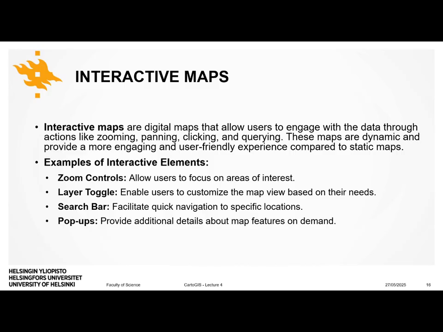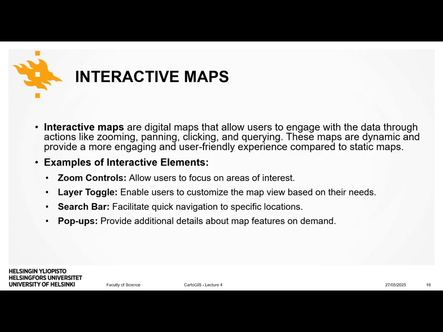So we have talked about map elements in the first week. We have a bunch of map elements that are universal regardless of what kind of map you're making. For example, a scale bar is useful whether you're using an interactive online map or a static map you have printed. But there are some elements that are unique to interactive maps. For example, we have the zoom control.